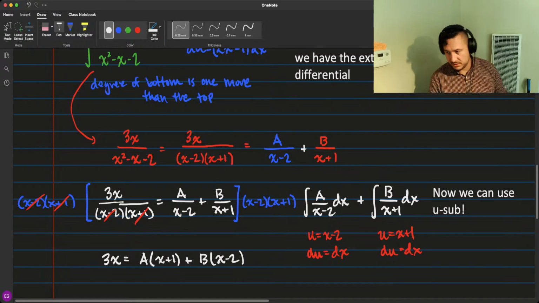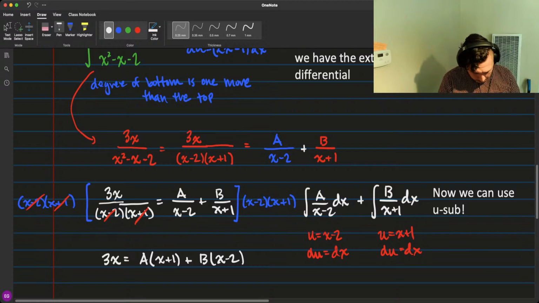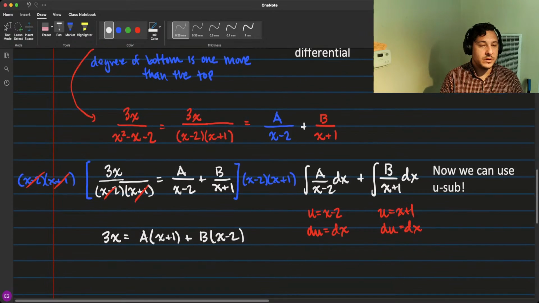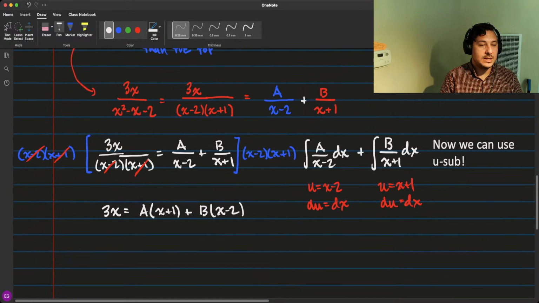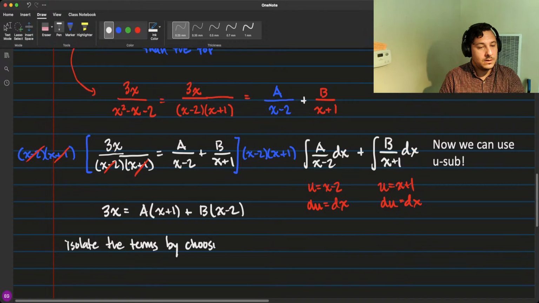So as you get the term that you didn't start with. Okay. And then it's pretty straightforward to figure out what a and b are. You can isolate the terms by choosing x values.